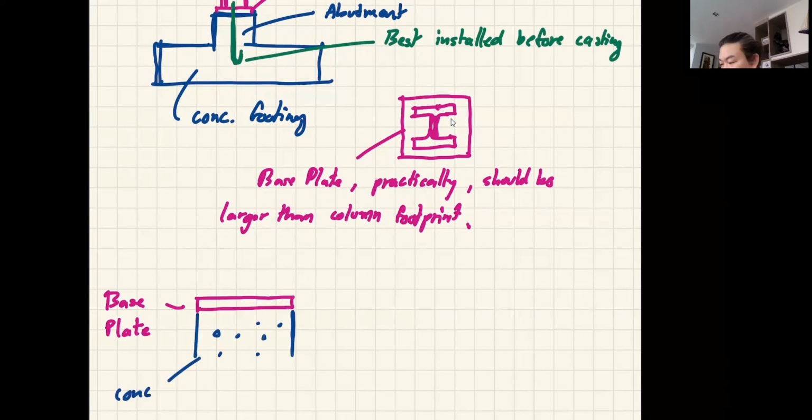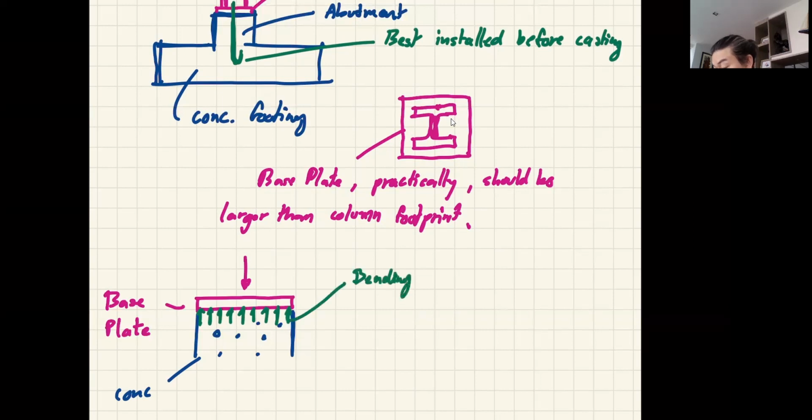Because you have compression coming down here, the stress will go up like that, to complete our free body diagram. So this stress will bend the plate. Bending occurs. So the plate will bend.